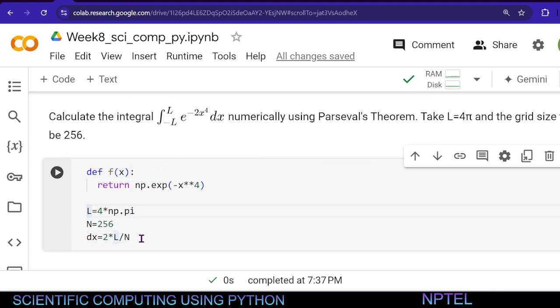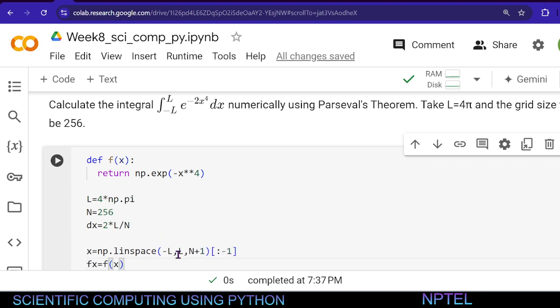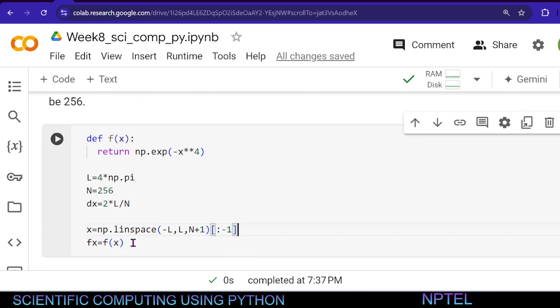It's from minus L to L. So we have 2L by n, and then let's have the X array, which is going to be np.linspace from minus L to L, and we don't want the last point, so we do n plus 1 points and then discard the last point. And fx is just going to be f of x. This looks very cute, no?